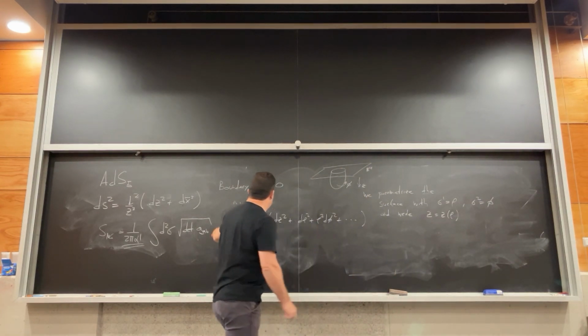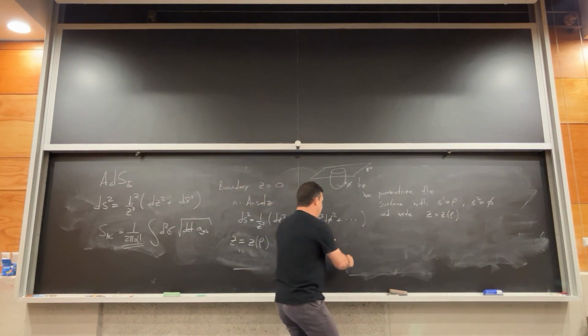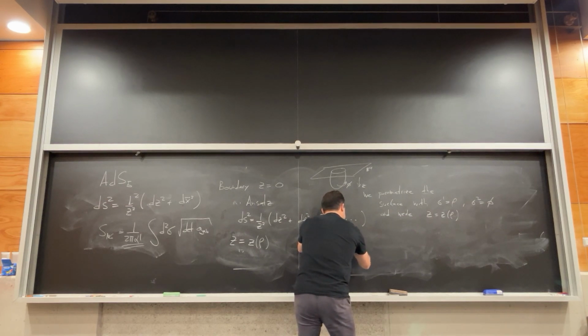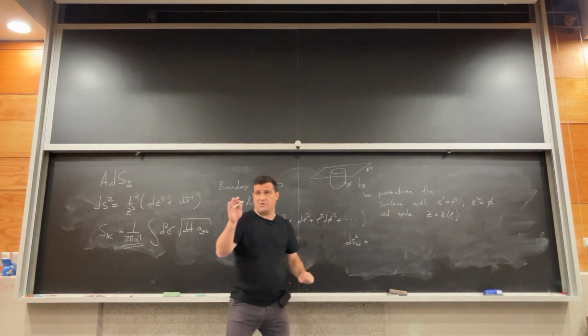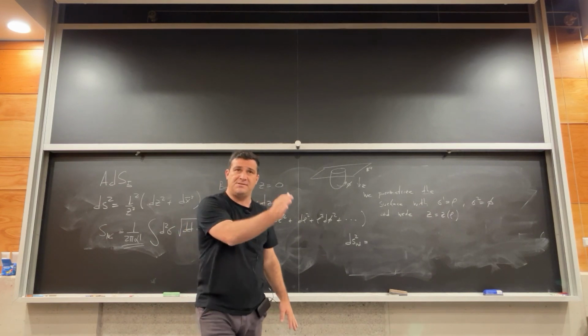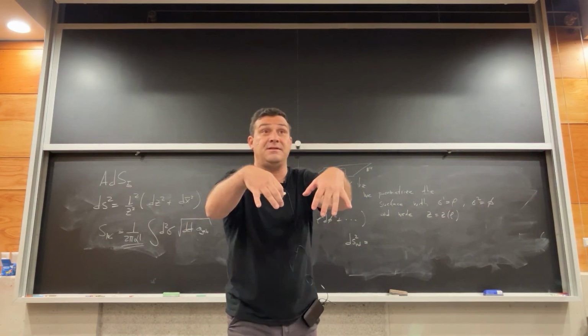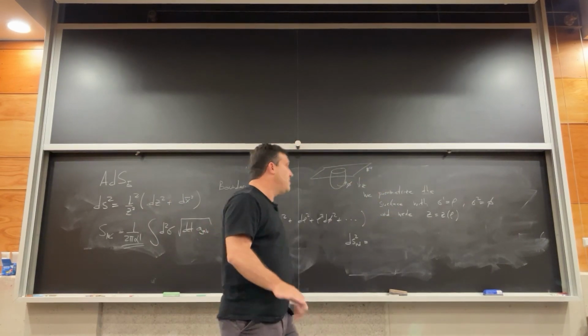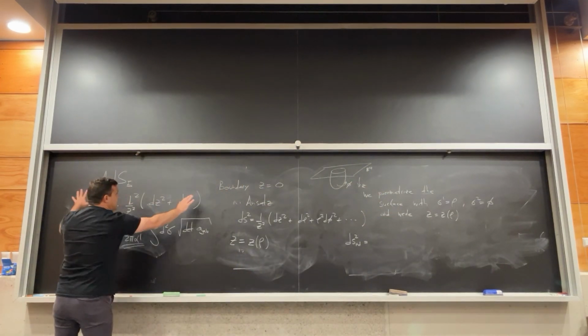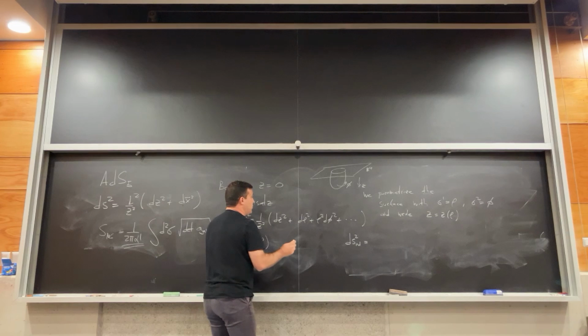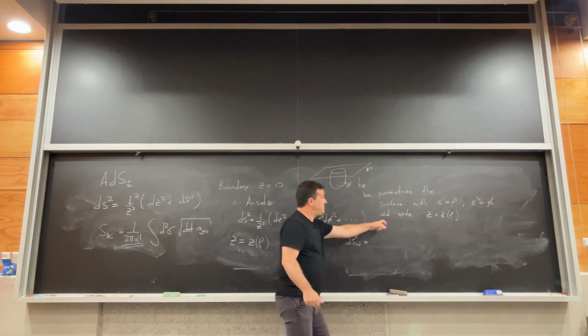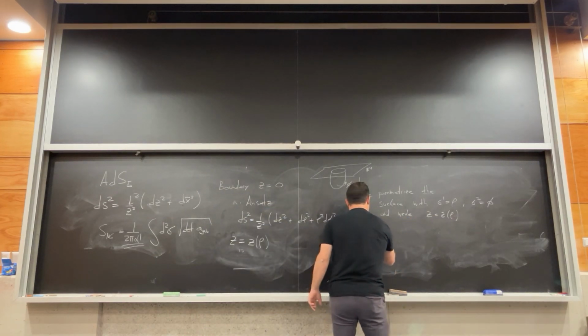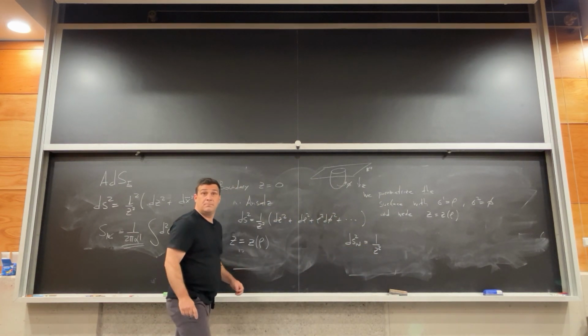Okay, so then, having done that, what is the induced metric? This is the same as what you did for the sphere. dx squared plus dy squared plus dz squared. Plug in theta and phi, and you get what you get. This is the ambient space metric, and I'm going to plug this in. So what do I get? I get 1 over z squared, which is now a function of rho.